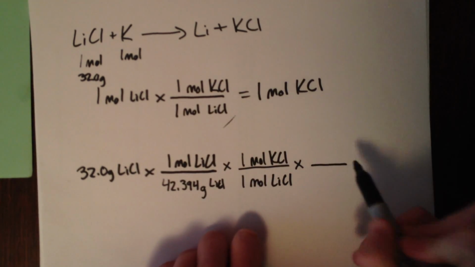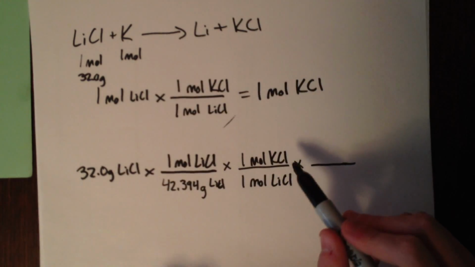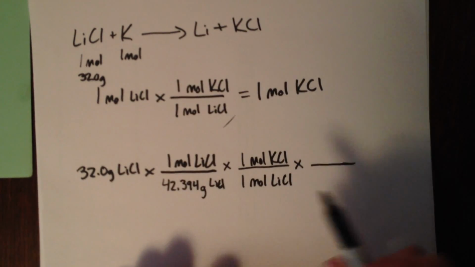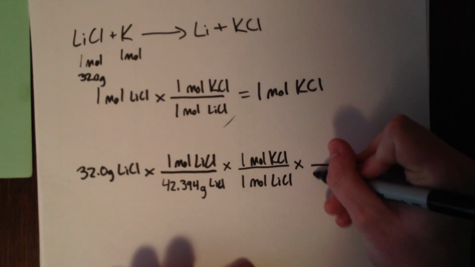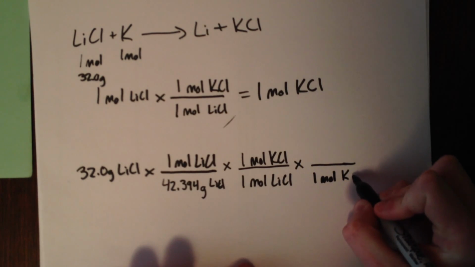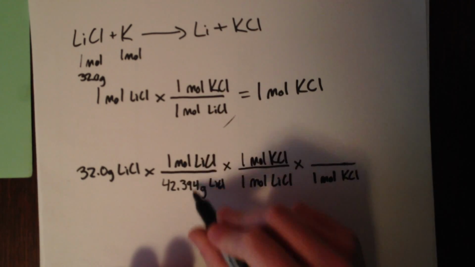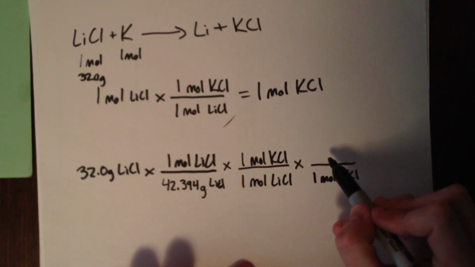We need to figure out a way to change the moles of potassium chloride that we get from doing all this into grams of potassium chloride. It's fairly straightforward. It looks like the other side, but the moles are on the bottom instead of on the top up here. So, as you could probably guess, the grams goes up here.